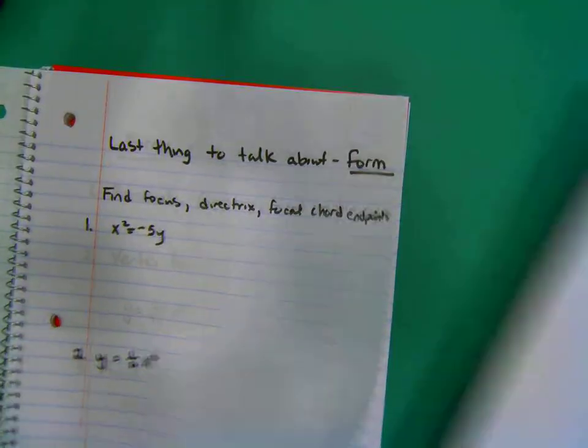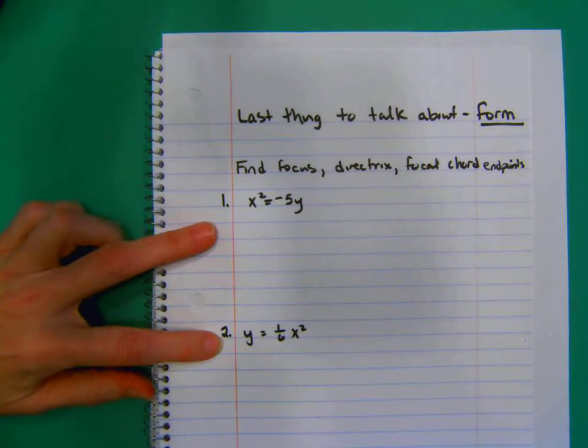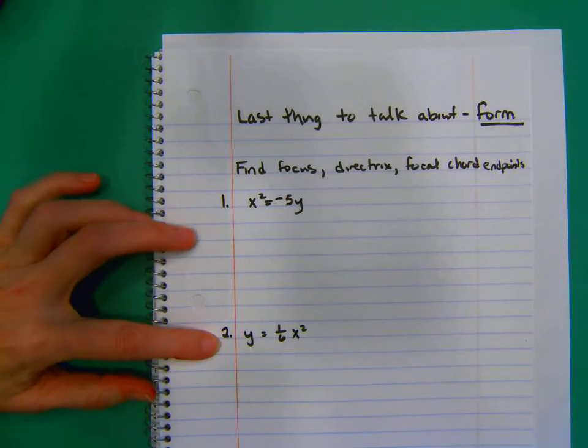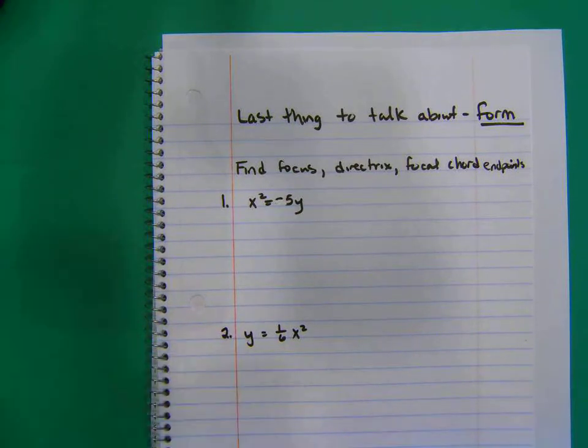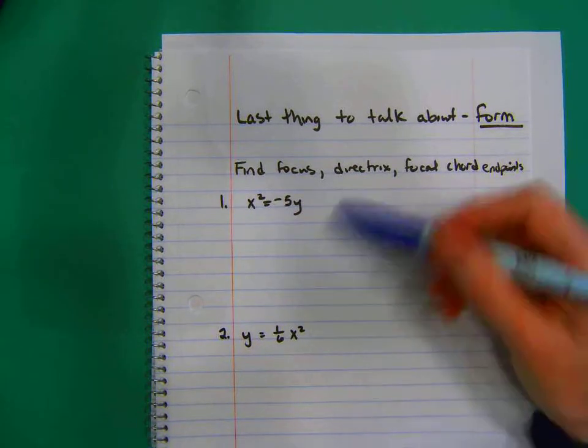Okay. All right, so the last thing to talk about is form. On the worksheet today, you'll see that some of them have the squared term by itself, and some of them have the not squared term by itself. Whatever you've decided is the way that you're going to favor out of those.